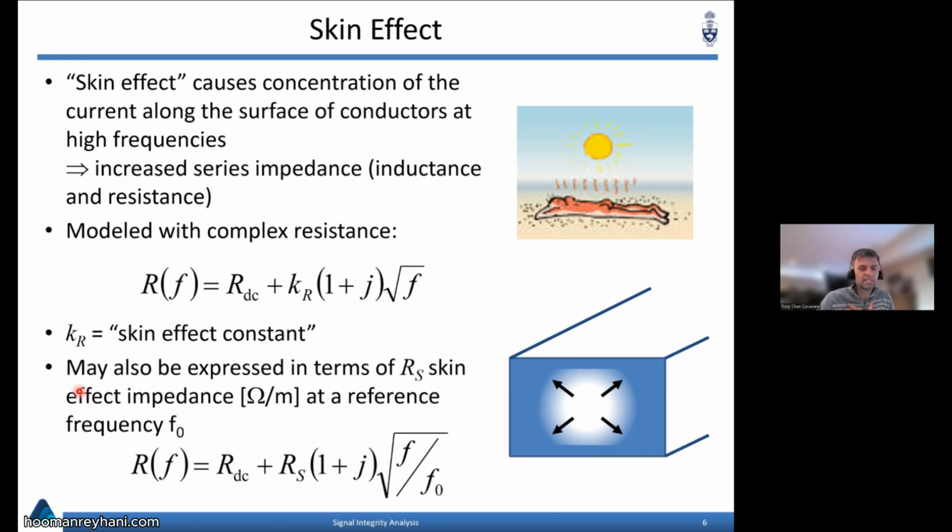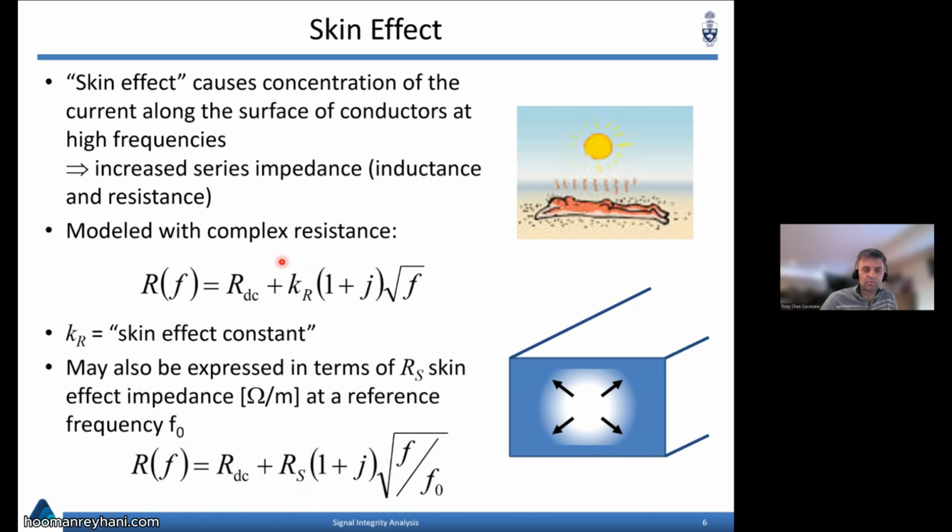Sometimes you will see the skin effect constant, instead of being expressed in this way, expressed in terms of RS, an uppercase value, with units of ohms per meter. That is basically giving you the amount of extra skin effect induced impedance at one specific reference frequency, f naught. So in that case, frequency is normalized to f naught, and then you use this uppercase RS instead.